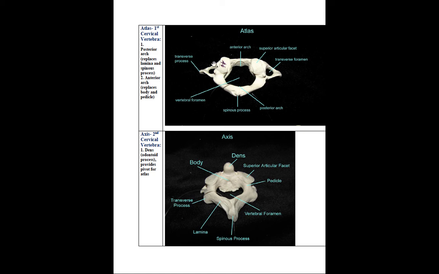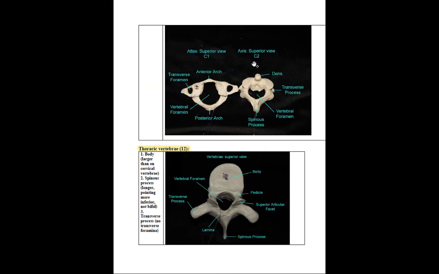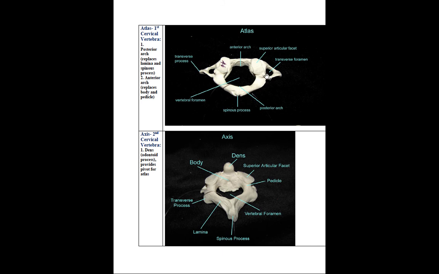The posterior arch is going to replace the lamina and the spinous process, and the anterior arch here is going to replace the body and the pedicle. So again, just slightly different features than you're going to see on the rest of the cervical vertebra.